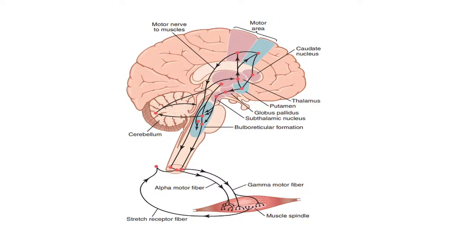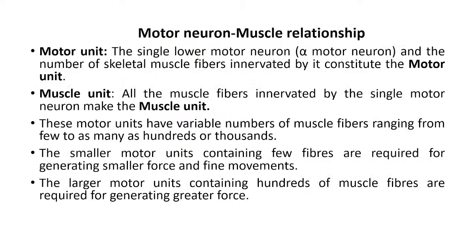The spinal cord will send commands to the skeletal muscles, that is voluntary muscles, and these muscles will perform the actions or the required task. Now, the next topic is motor neuron and muscle relationship. The spinal nerves as well as cranial nerves emerge out of the brainstem and the spinal cord.